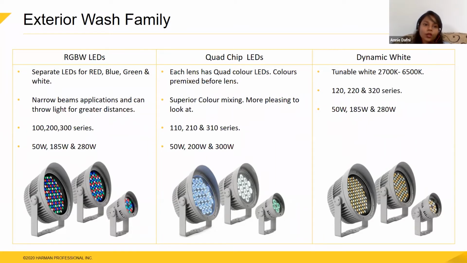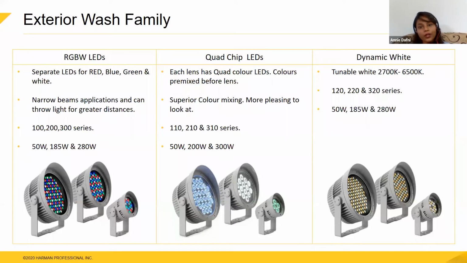But because of the presence of these lenses, you will not be able to achieve very tight beams. That's when the RGBW version becomes very important, when you need a much brighter output and the throwing distance is also much larger. Again, in the quad chip version, we have the 110, 210, and the 310 series, depending on the wattage and size.